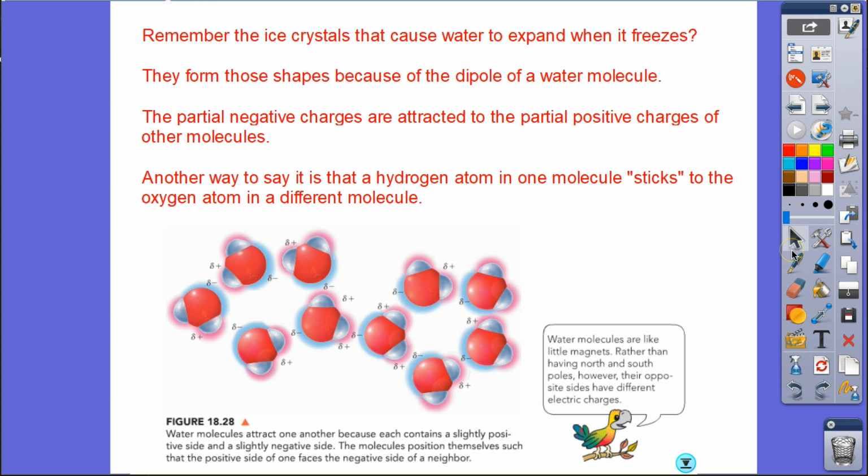The reason that happens is because below about 4 Celsius, the random thermal vibration of the molecules is so low that little crystal structures of molecules can form where the negative side of the oxygen right here is attracted to the positive hydrogen, negative oxygen, positive hydrogen, negative, and so you see it forms a little ring, and that just happens throughout the whole structure.